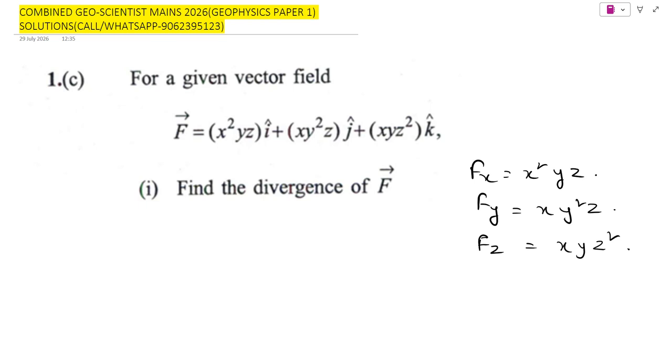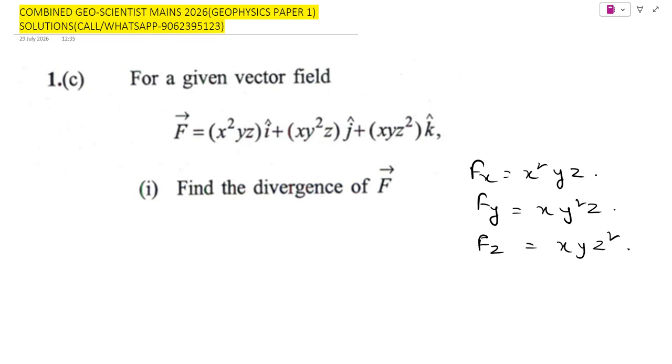UPSC has purposely chosen a neat vector field so that the differentiation becomes straightforward if we know the definition of divergence. Now, many people memorize the divergence formula without understanding its meaning. Instead, remember this: divergence measures how much a vector field spreads out from a point.